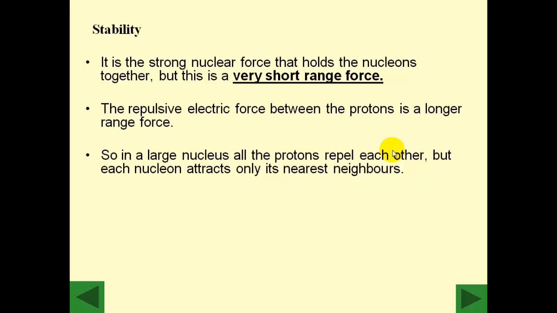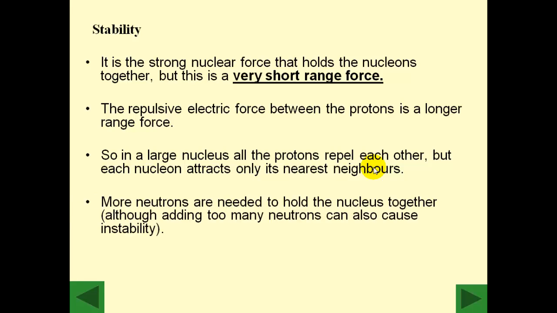The strong nuclear force attracts only the nucleons that are very close to it, whereas the electrostatic repulsion is not only felt between neighbouring protons, but also between protons that are quite far away from each other. So it works much better at a distance than the short-range force.